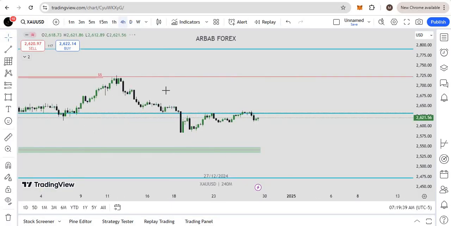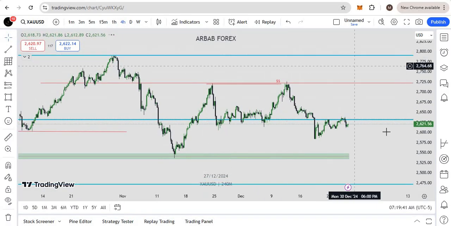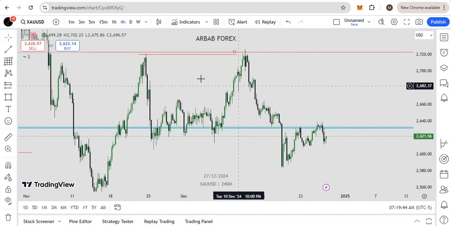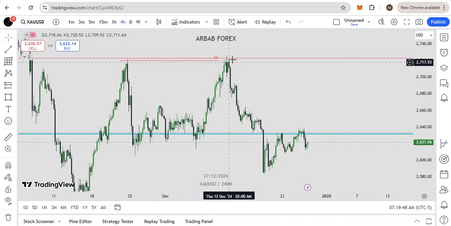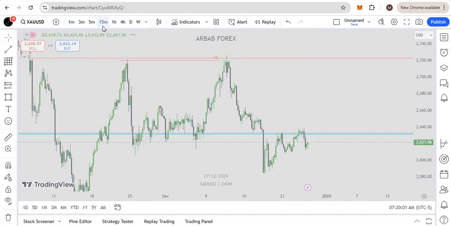Then we will go to the 4-hour time frame and you will see once price takes out any liquidity here, then you will wait for a market structure shift, right? That happened here, right? But for that purpose we will use a smaller time frame, that is 15 minutes, okay?